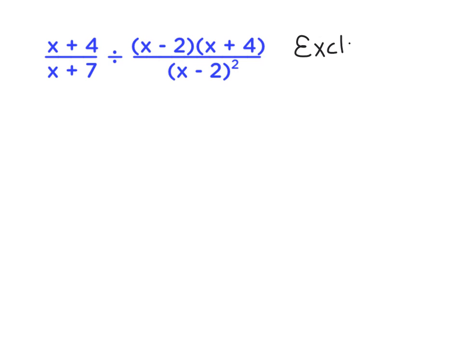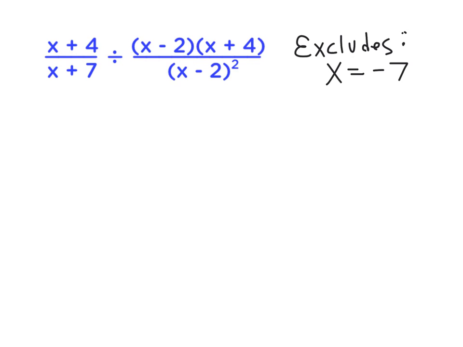So I'm going to look at my two denominators and make sure that neither one can equal 0. If I look at this first denominator, I have x plus 7. Well, if I put a negative 7 in there for x, that's going to make that a 0. So I know that I have to exclude x equals negative 7. That's going to be one of my exclusions.